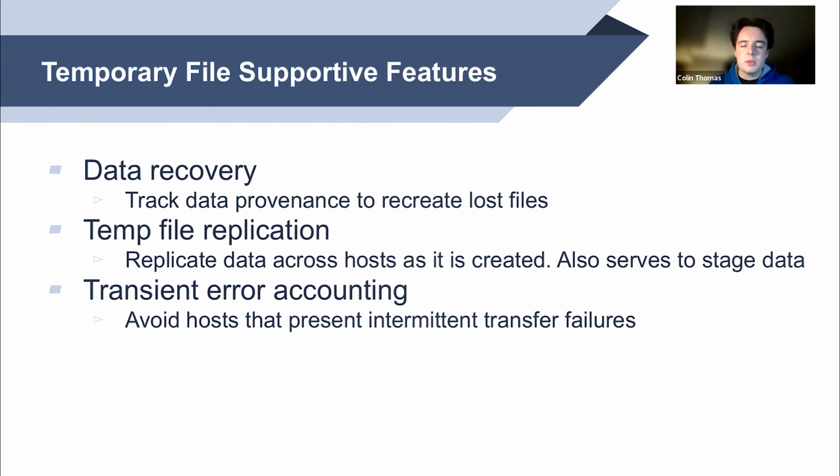It could just be some sort of ephemeral transient issue, and these things happen. And so we don't necessarily consider either of those nodes to be failed, but we'll just avoid trying to schedule that same transfer again. We'll go look somewhere else for this data transfer that we want to perform, and try to avoid that worker for a period of time.